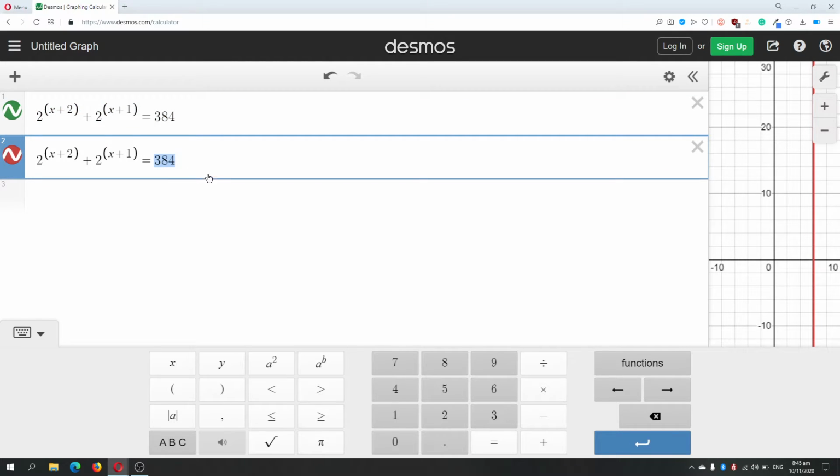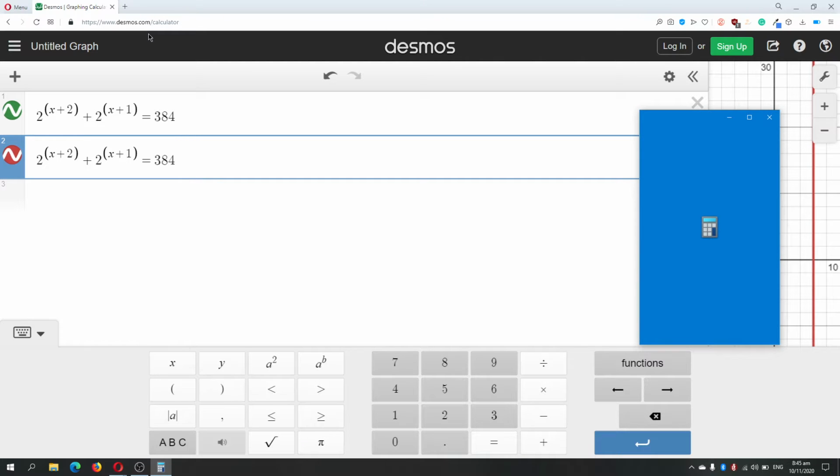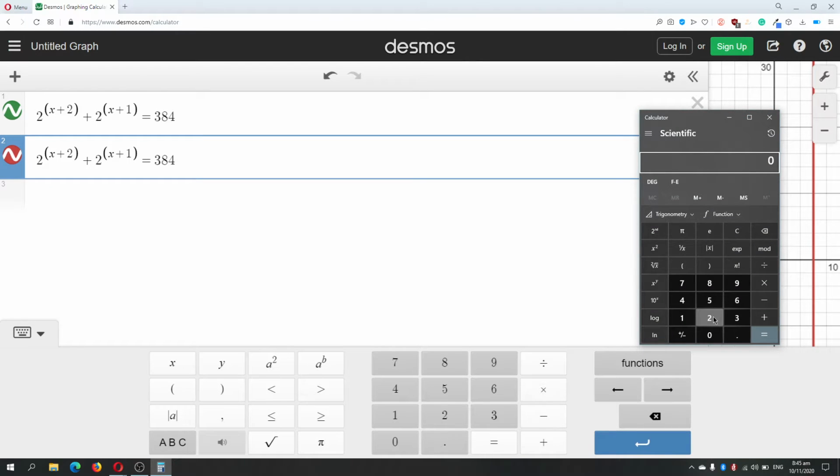So, i-divide lang natin itong 384 sa 2. Ilang 2 yung minumultiply para makuha yung 384. So, if na-memorize ninyo, 2 raised to 5 ay 32. At ang 32 times 32 ay 1,024.